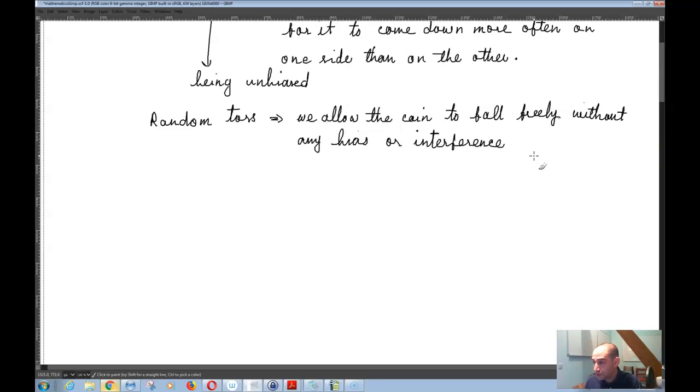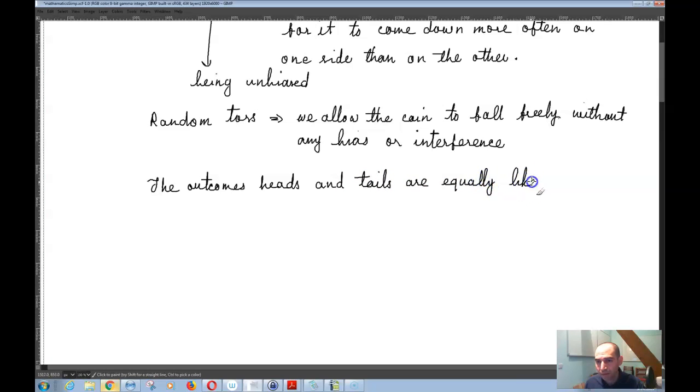We refer to this by saying that the outcomes, heads and tails, are equally likely. Okay, so that is basically the situation.